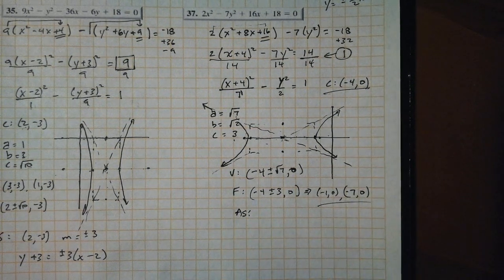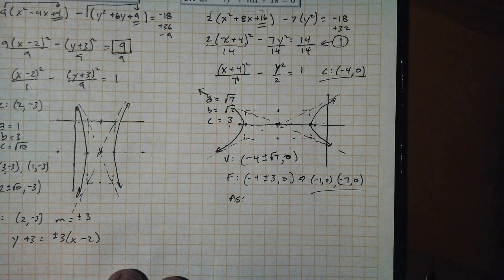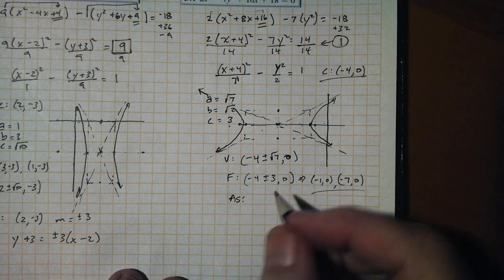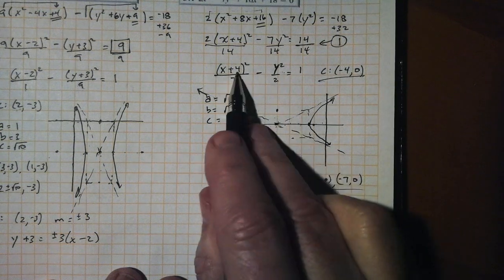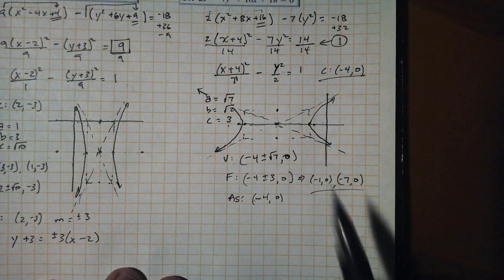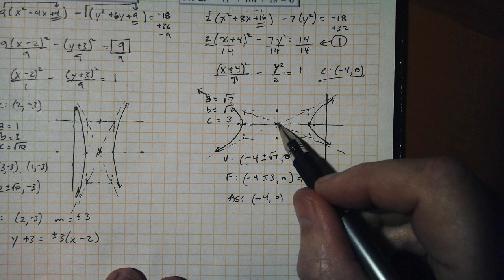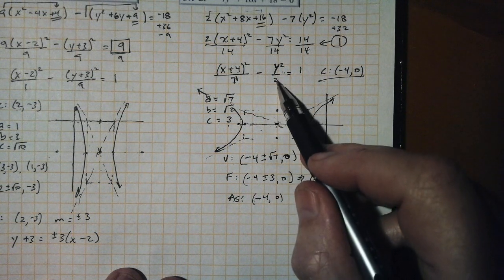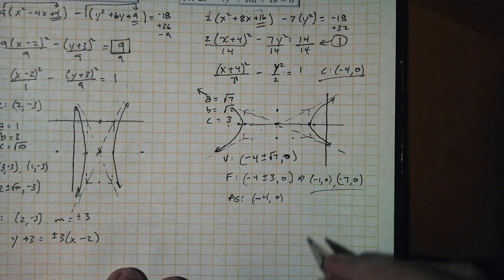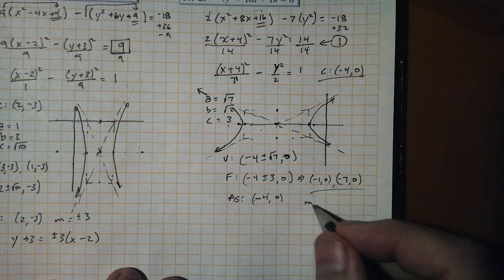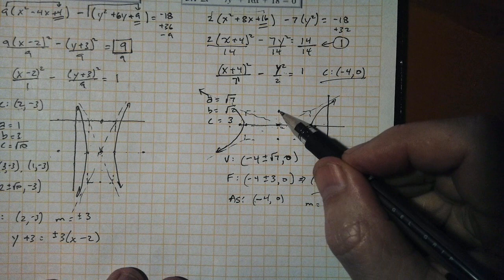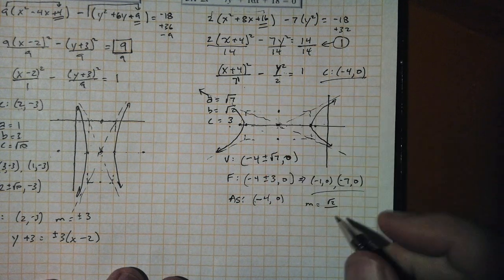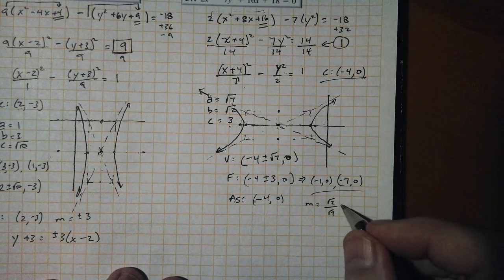In our asymptotes, I'm going to go ahead and write the ordered pair down. The ordered pair that they both pass through is negative 4, 0. We knew it right here. When we built the box, how far up did we go? Square root of 2. So the slope is rise square root of 2. How far over did we go? Square root of 7.